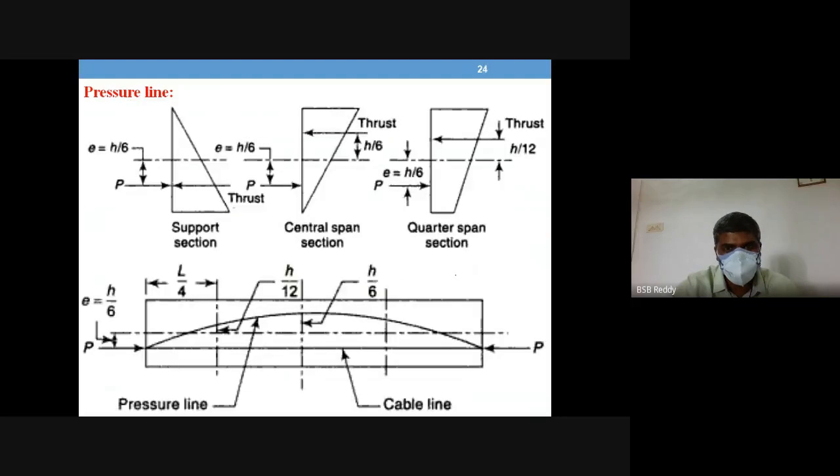Okay, right. So now you take one example, a simply supported beam, pre-stressed by a cable at an eccentricity of h by 6. This is h, the height of the beam.